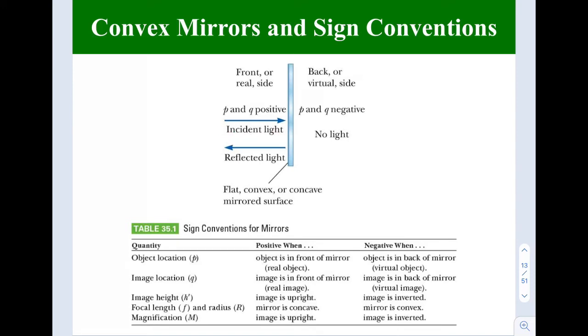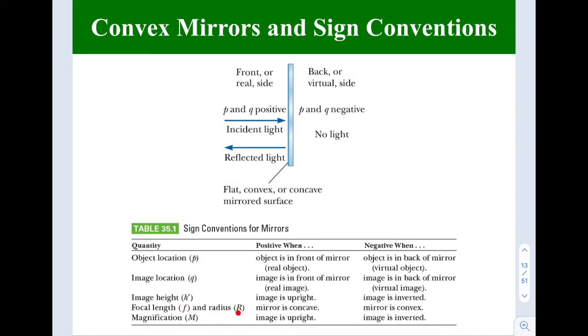So we can conclude this information into Table 35.1, where we have the object location. If the object is in front of the mirror, it is a real object, positive. If the image is also in front of the mirror, positive, we call it a real image. Height of the image: if it is positive, it means upright. If it is negative, it means inverted.